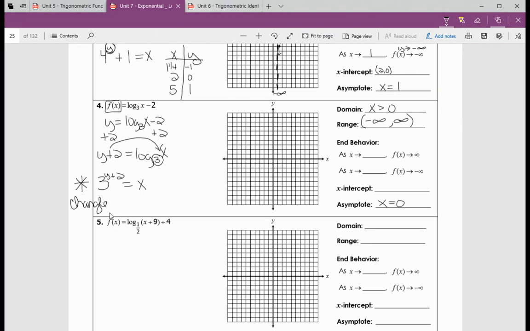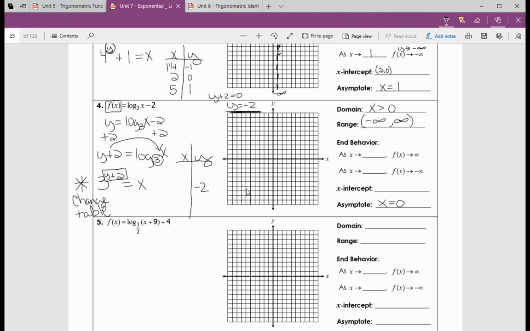My favorite 3 numbers are not going to work this time. So what I'm going to do, I'm going to build my table around that exponent. y plus 2 equals 0, so I'm going to build my table around negative 2.